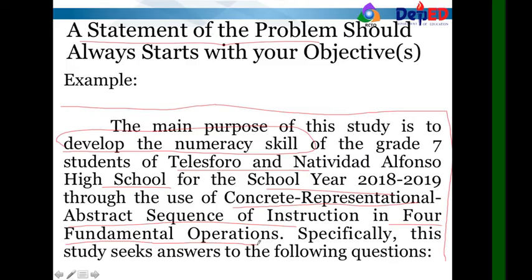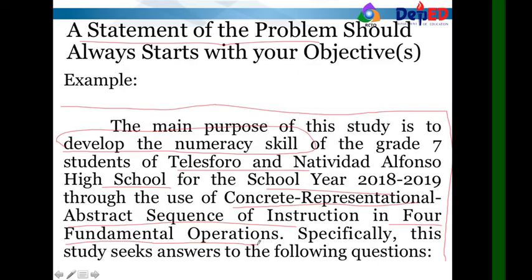So, sa objective na halimbawang ito, makikita na natin na meron siyang iba't ibang parts. Nandiyan yung school or lokal na pag-aaralan, yung year or sakop, no? Scope ng pag-aaralan or yung taon kung kailan ito gagawin.